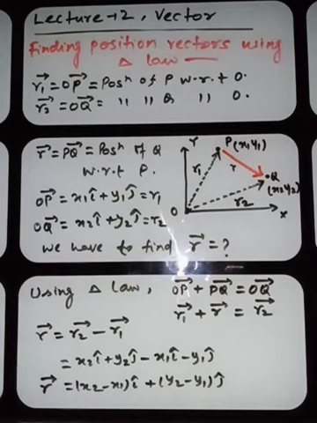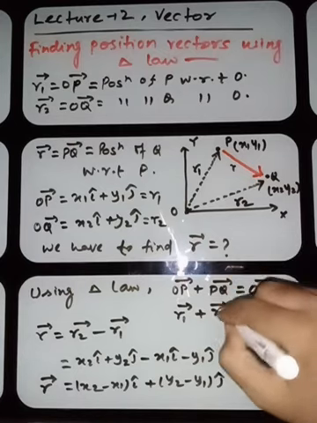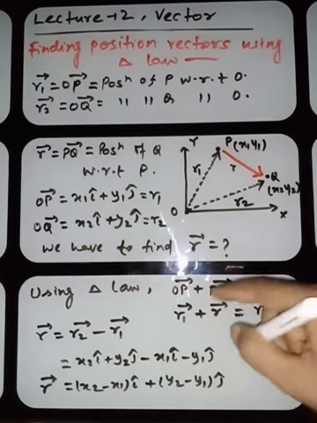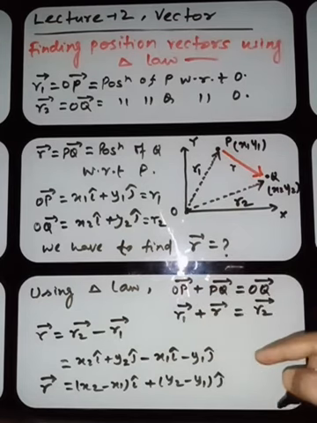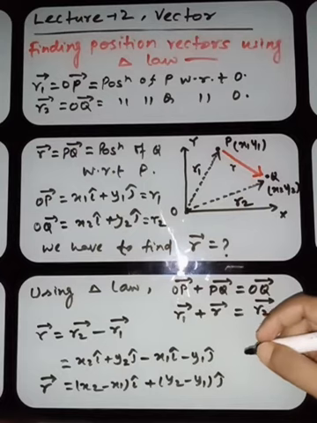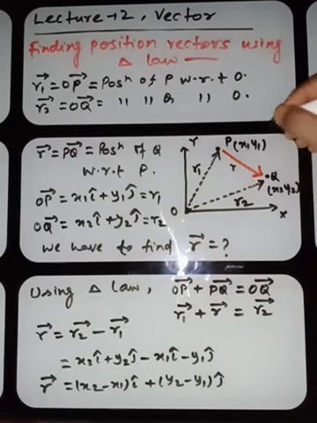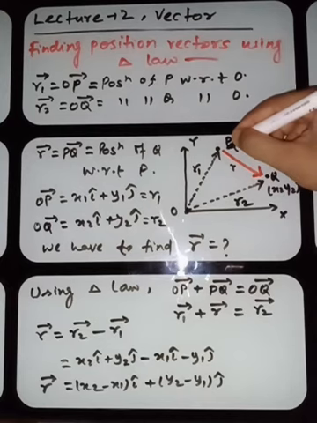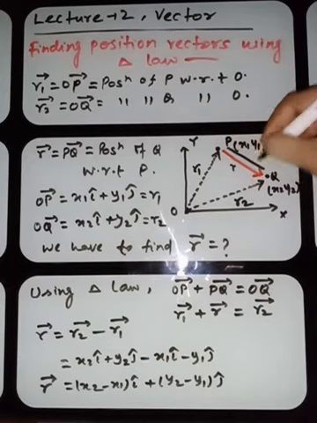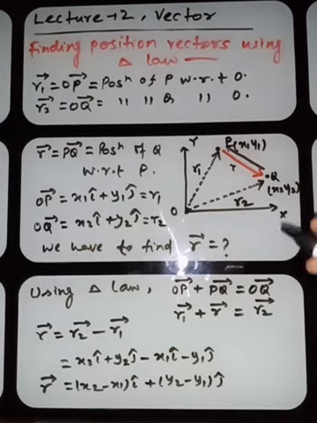I hope you understand. Now you can find any position vector if you understand this. Suppose I ask you to find the position of P with respect to Q. If I give the arrow this side, how will you find it?